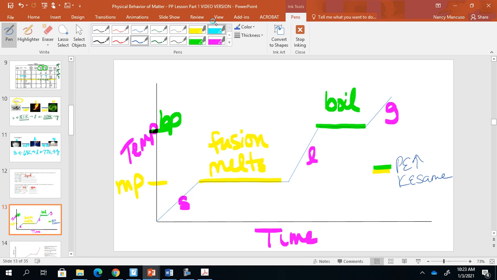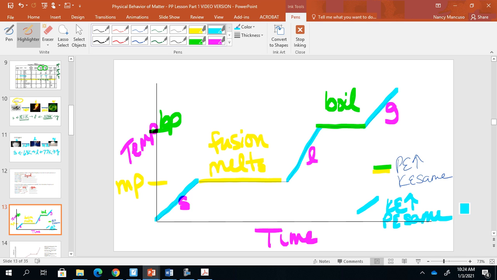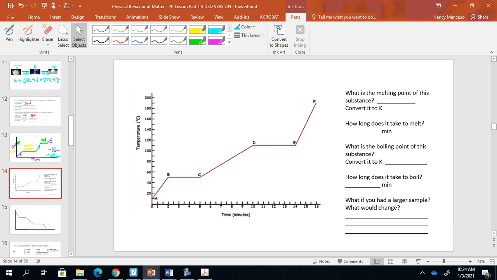And then let me use this blue color anywhere that I have slope, anywhere that I'm changing temperature. Here the kinetic energy is increasing and the potential energy is staying the same. All right, so I just want to go over that one more time with you. And here's some questions. So the first one, what is the melting point of this substance?